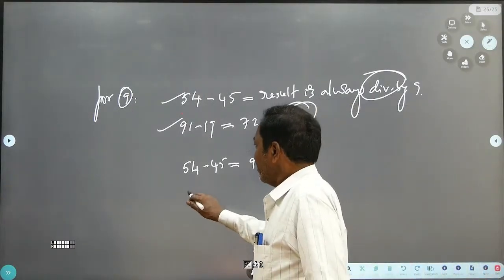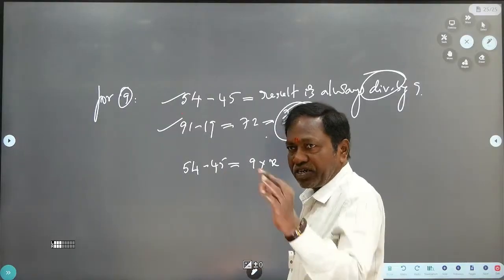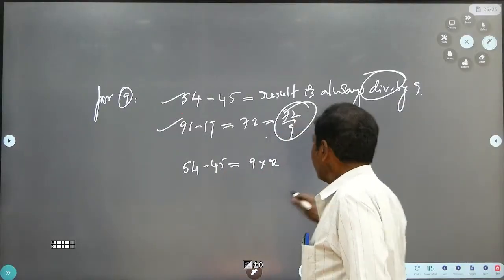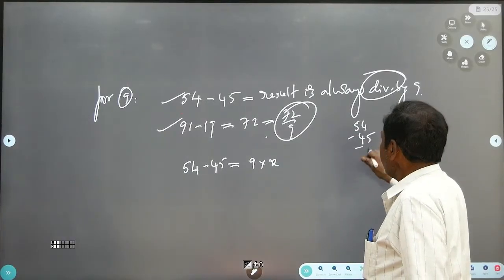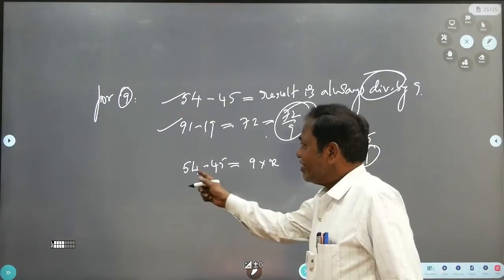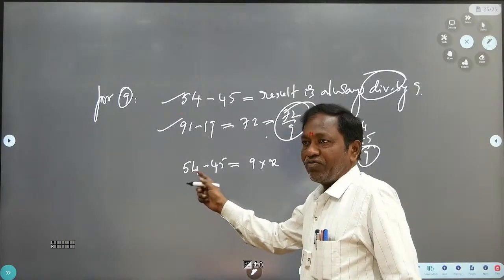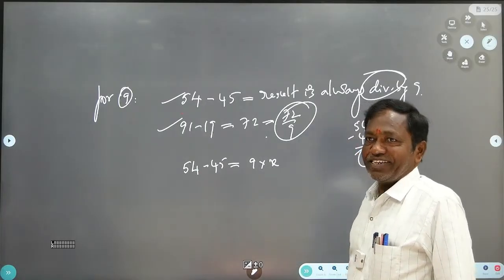And see, even the shortcut: 54 minus 45 is 9, that is 9 into 1. Instead, you can see the difference between the digits. What is the difference between the two digits? 1, so 9 into 1.